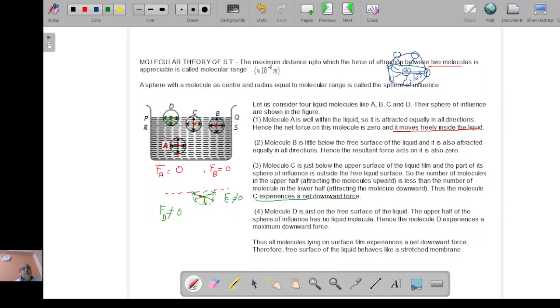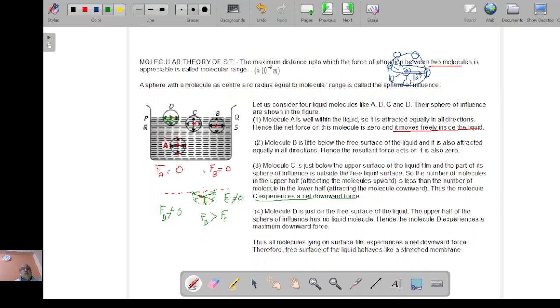And this is the maximum downward force. Force Fd will be the maximum force. It is more than Fc. And there is no force on B, there is no force on A. So Fd is quite large compared to Fc.